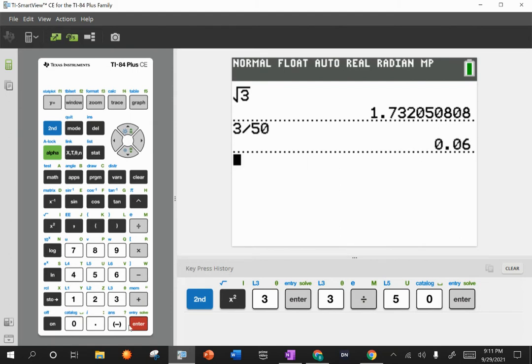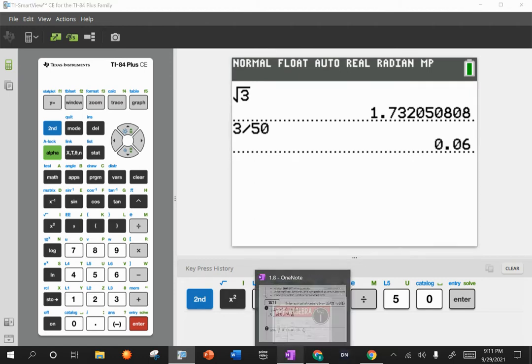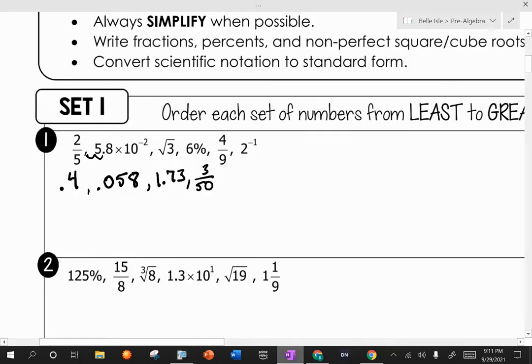Now again, when we're looking at a percentage, it was 6%, so this is 6/100ths. You don't have to convert it to a fraction, which we worked on. If you don't want to, you can just skip that step.